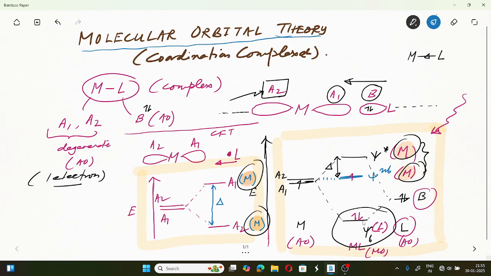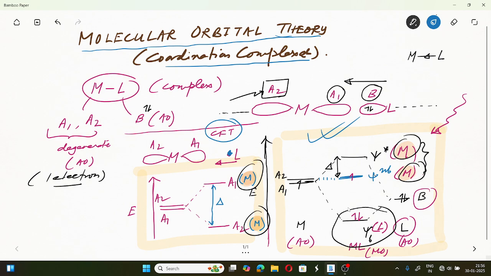But you can well understand crystal field theory cannot be a reality. This theory is absurd because the ligands are considered as point charges or point dipoles. So that is why the molecular orbital theory, where we construct molecular orbitals by combining suitable atomic orbitals of the ligand and metal, is more meaningful.